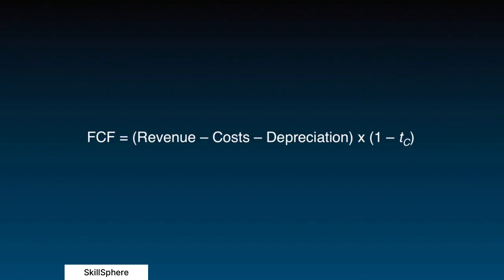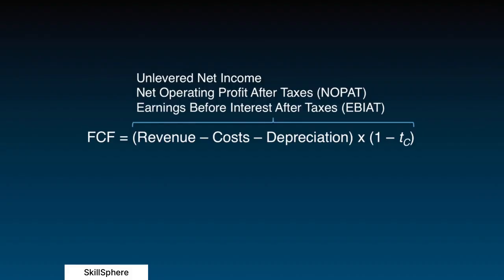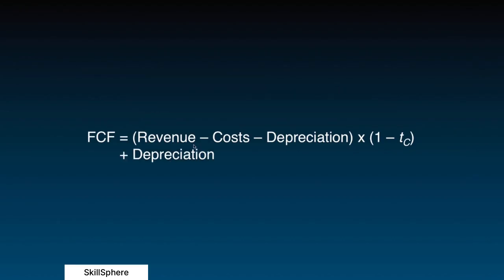Now, this quantity here goes by several names. They're all synonyms: unlevered net income, net operating profit after taxes, or NOPAT, or earnings before interest after taxes, EBIAT. Once we have this, we're going to have to add back in depreciation.